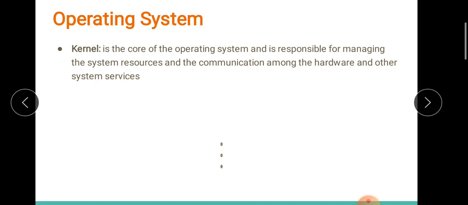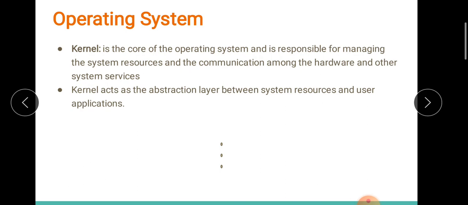So it is the job of the kernel. Whenever I say operating system as such, it is the kernel that is responsible for managing the resources. It is this kernel which is the core of the operating system. Thus, the kernel is acting as the layer between the system's resources and the user application.